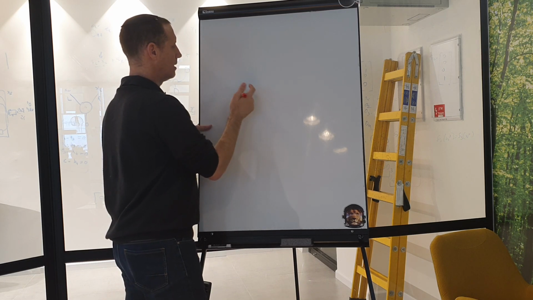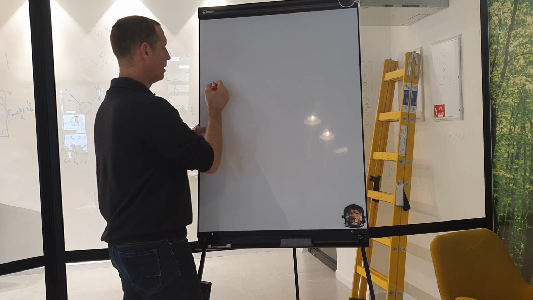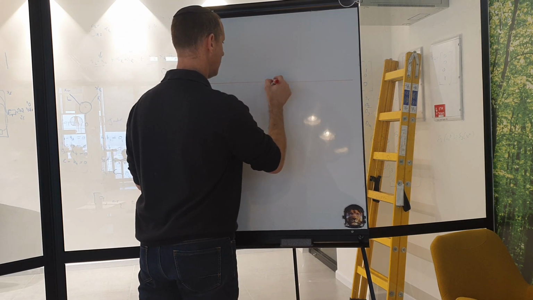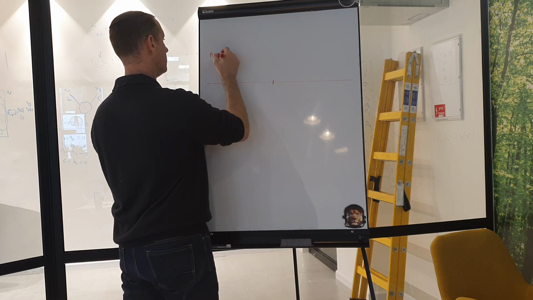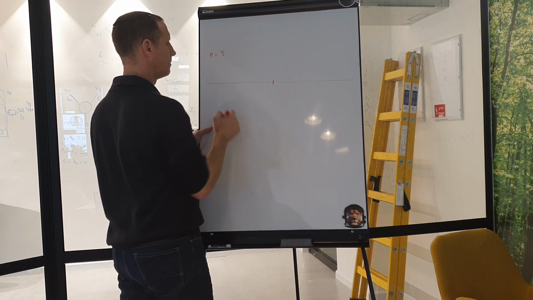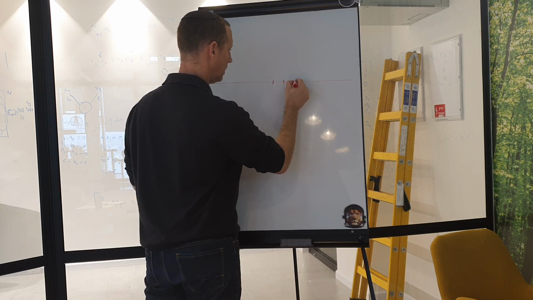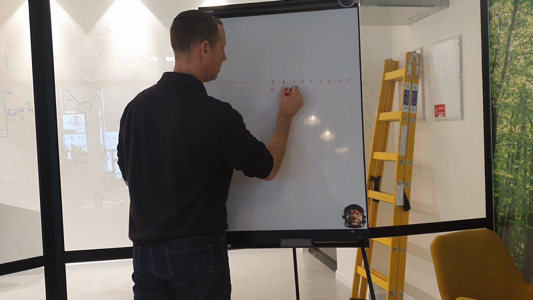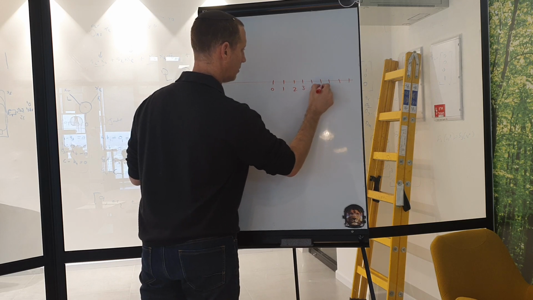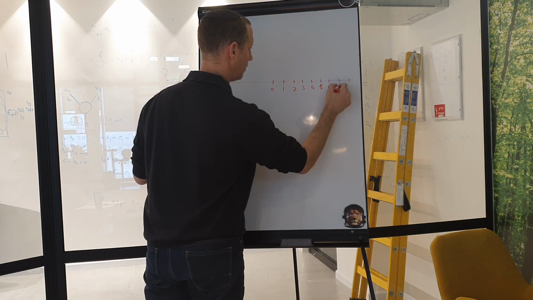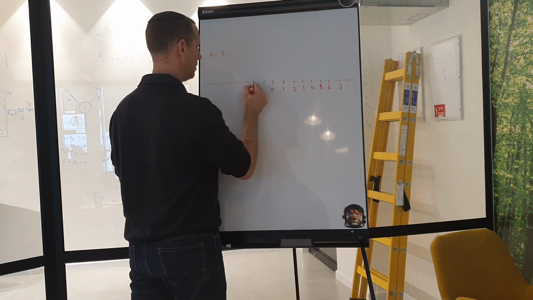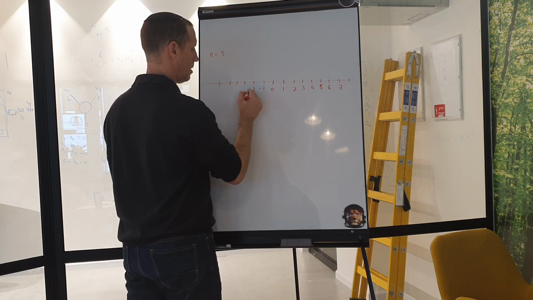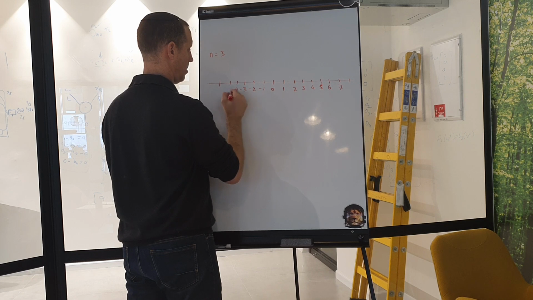Say, maybe n equals 3. Then I have 0, 1, 2, 3, 6, 7, and then the negative numbers here. Then you have the three ideals.